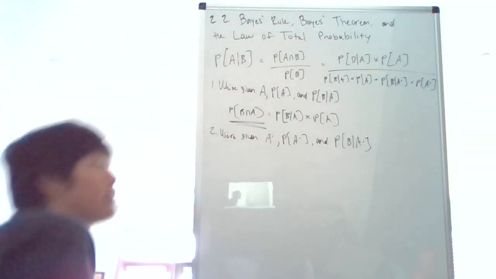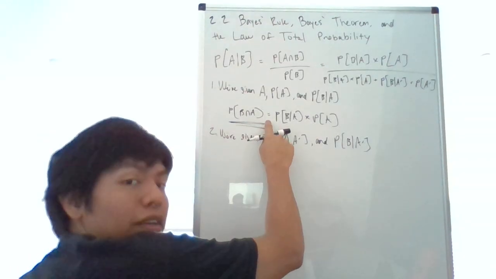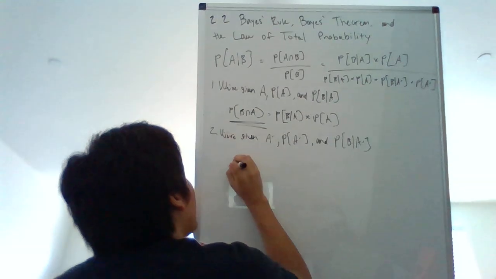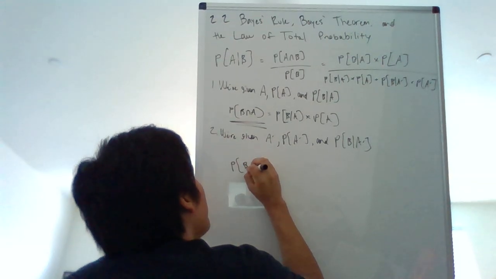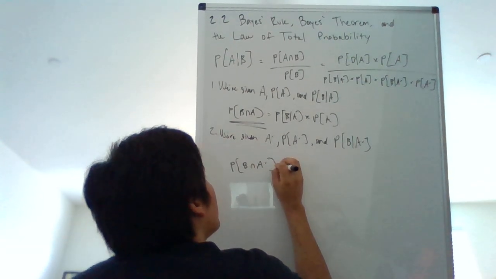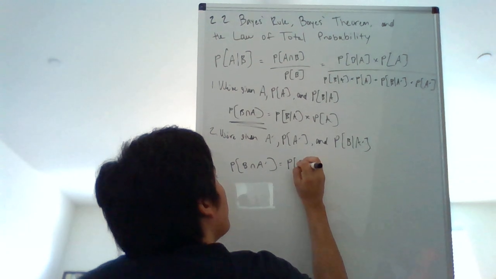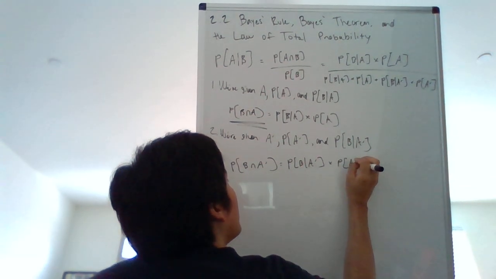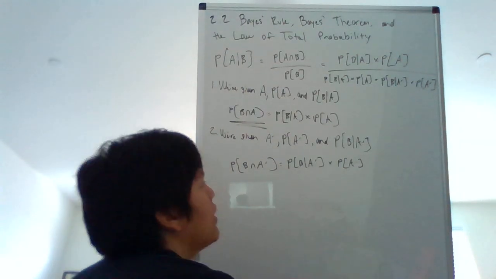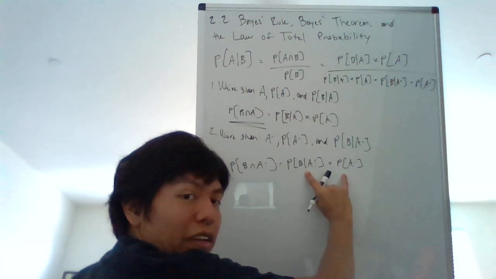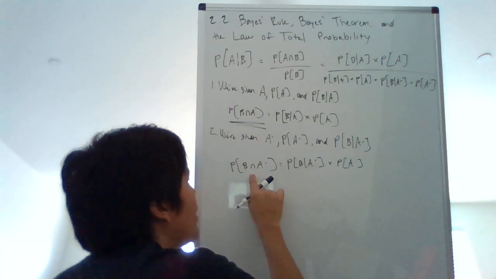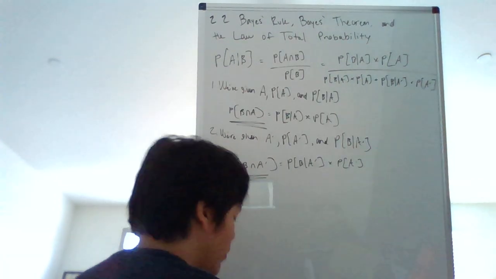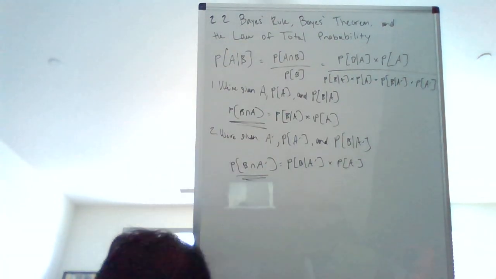Then again, just like here, we can also say that the probability of B intersect A complement is equal to the probability of B given A complement times the probability of A complement. So again, say we're given these two terms here, then we can find this intersection, the probability of the intersection.